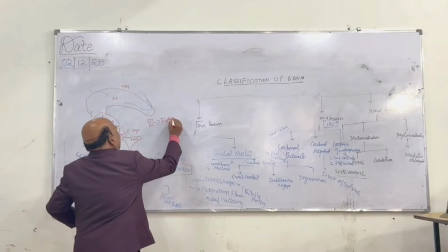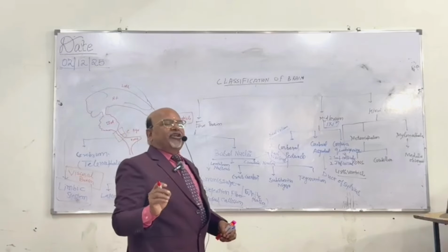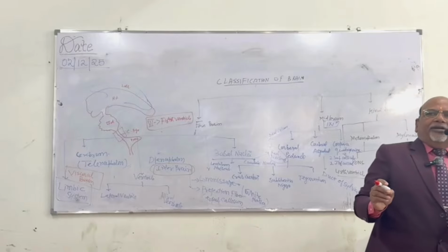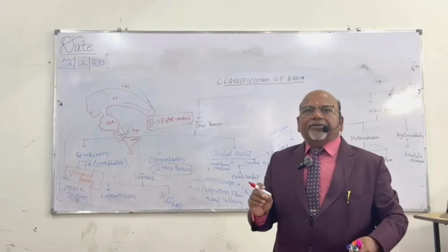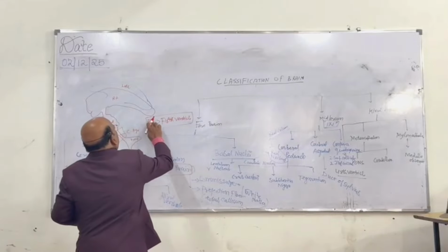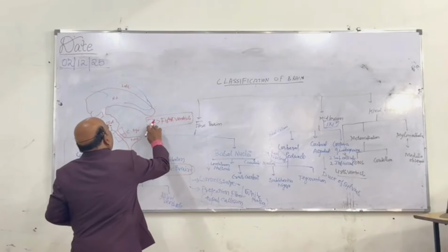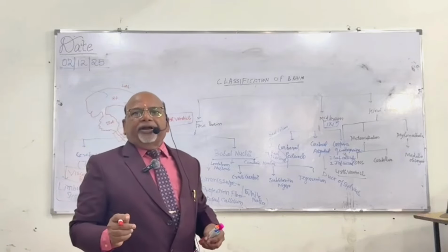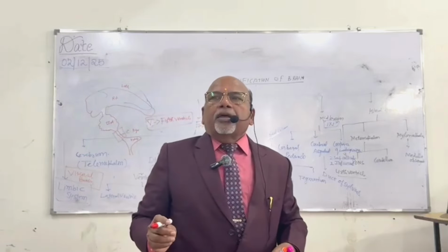What is the fifth ventricle? Write down: accumulation of the CSF in the partition of the lateral ventricle. The partition of the ventricle has the septum pellucidum.